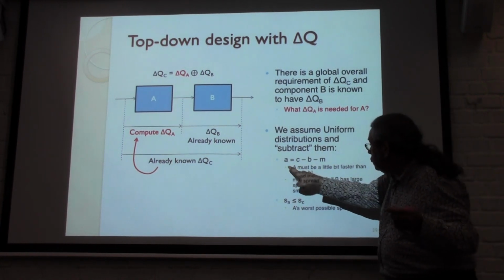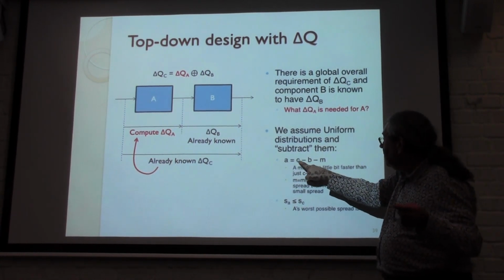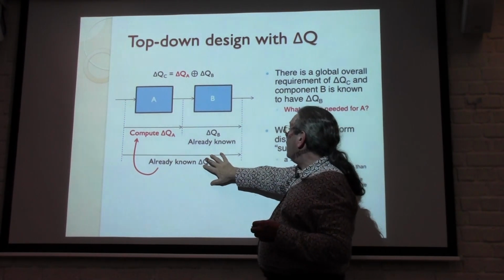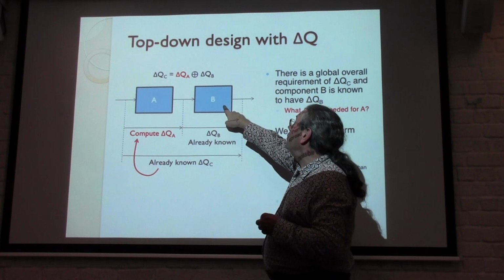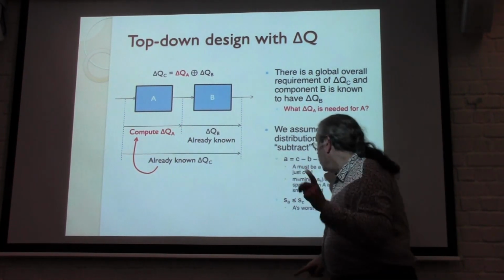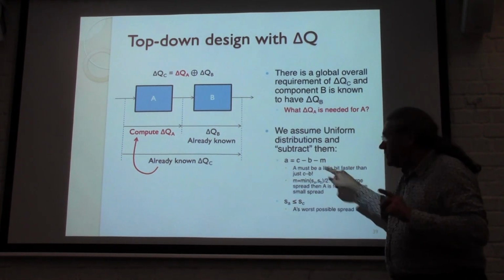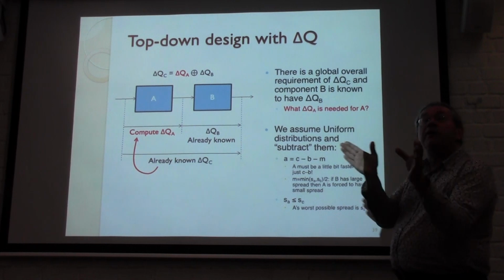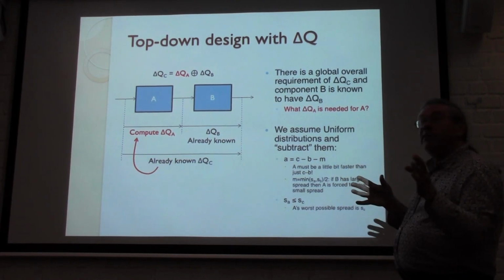Here, A has to be just a little bit better than C minus B. You see? If this is 50 milliseconds, and this one is 30 minimum, then you might say we need 20 here. But no! You actually need a little bit less than 20. You need to do a little bit better because of the spreads. See how interesting it is?